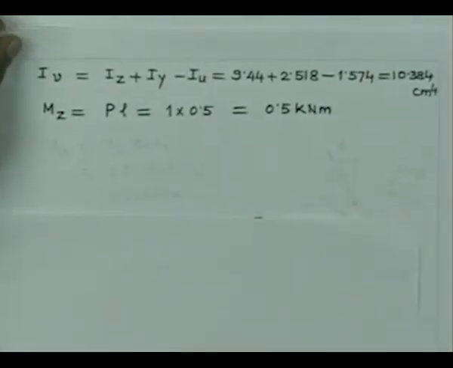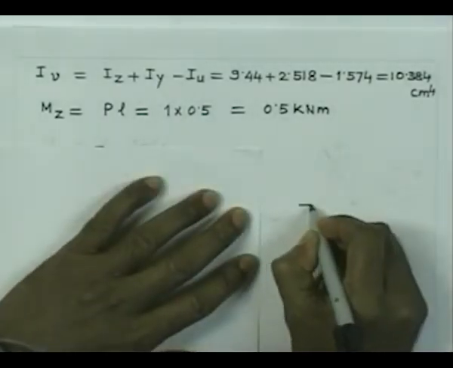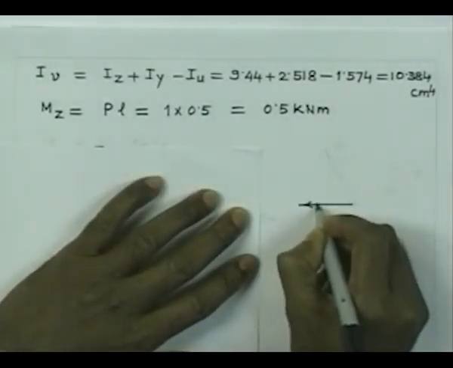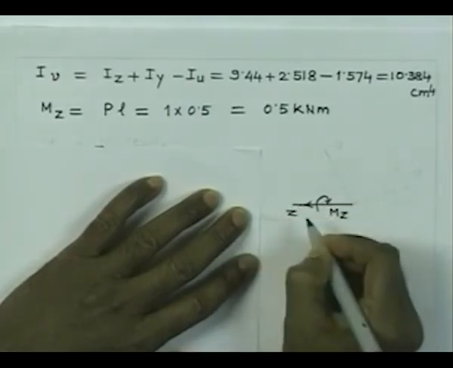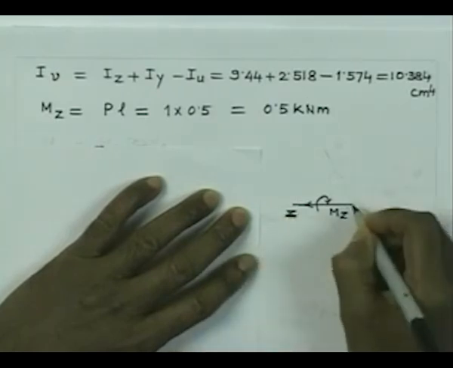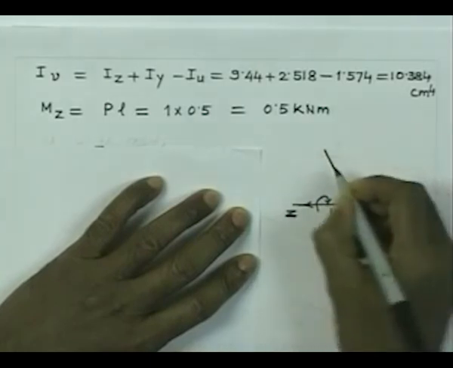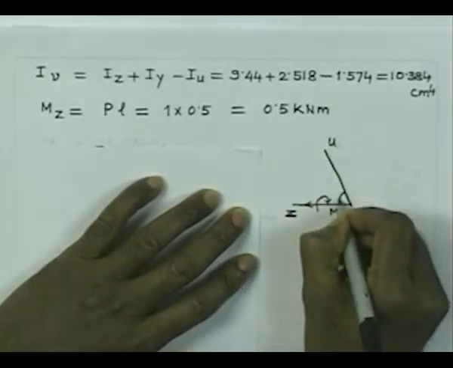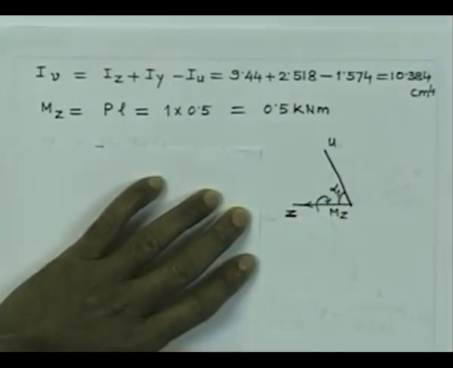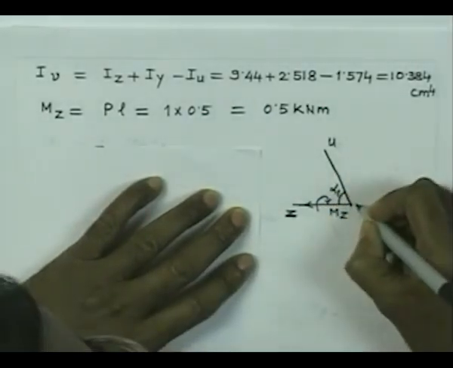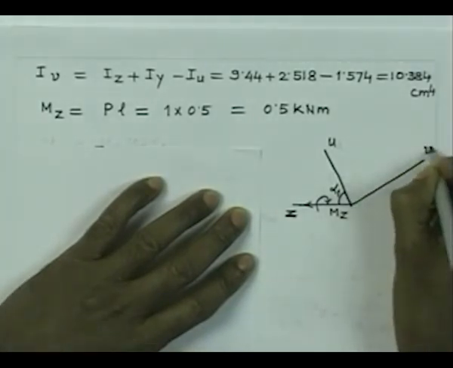Now, this bending moment I have tried to resolve here. Look at this, that is the Mz, this is direction z, and now we have the direction here, this is the u direction, and this angle is equal to alpha 1, and similarly we have the other direction which is v direction.